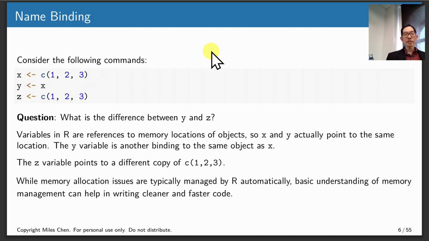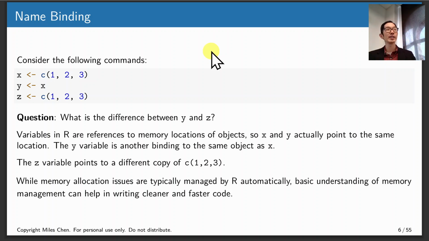R handles all of the memory allocation issues automatically, so you don't have to worry about this. It's considered what we call a higher level language, meaning you have less to worry about the computer level stuff. Whereas in other languages like C and its derivative C++, there's a lot of memory management that you have to do.